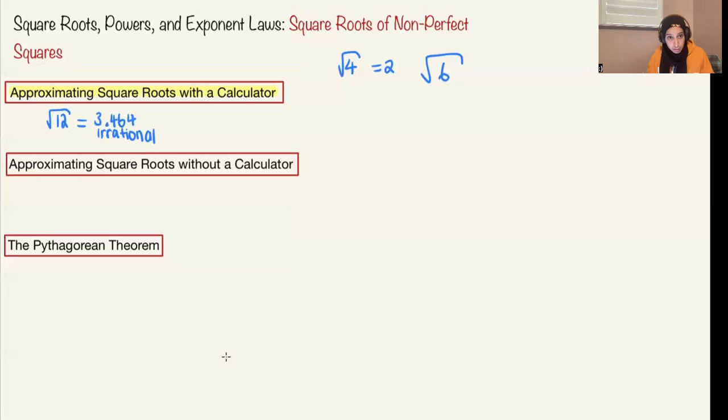It's a non-terminating decimal. If I were to round this to 2 decimal places, I could go, okay, 3.46. So approximately it's 3.46.